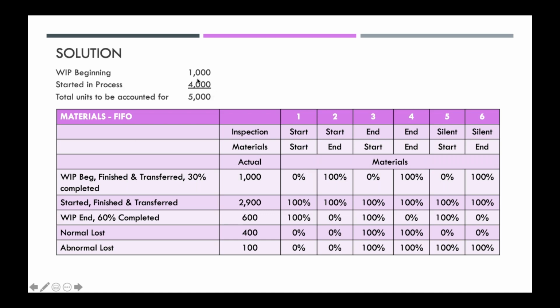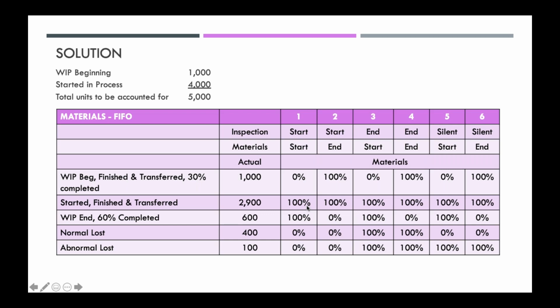Unlike yung started in process, yung 4,000 units, ngayon pa lang yan inumpisahan, kaya lahat yan lalagyan ng materials. So therefore yung 4,000 na yan, yung 2,900, 600, 400, and 100, lahat yan nilagyan ng materials. Okay? So yung 2,900, 100%, yung work in process, 100% din. But this one, like I've said, bakit hindi nilagyan ng materials ito? 100% started yan yung 4,000.